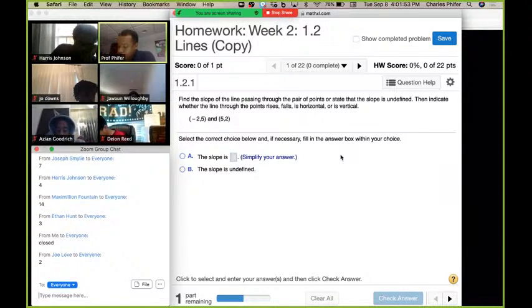This comes from week 2, section 1.2 of the lines, and this is question number 1. So we want to find the slope through the points negative 2 comma 5 and 5 comma 2.